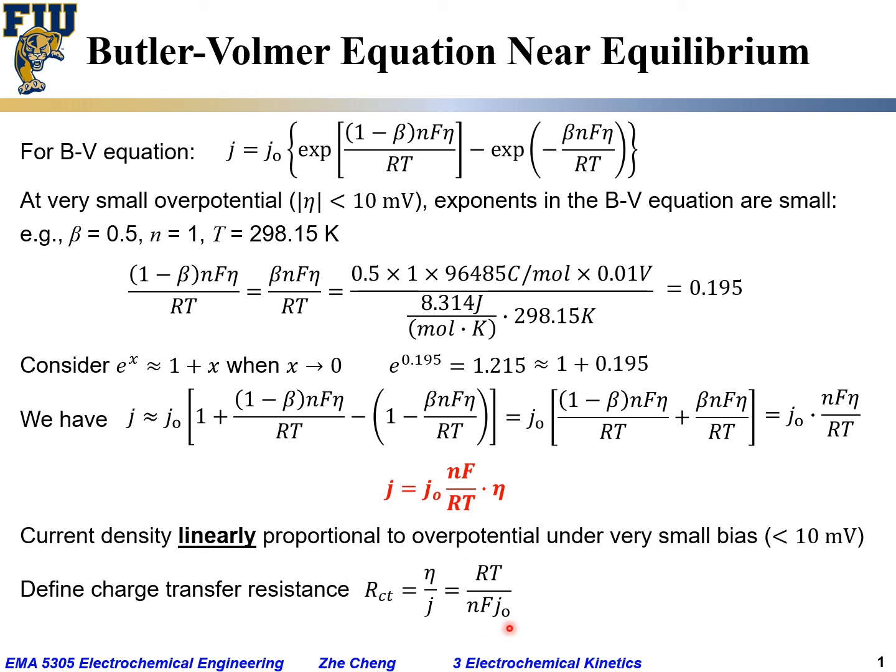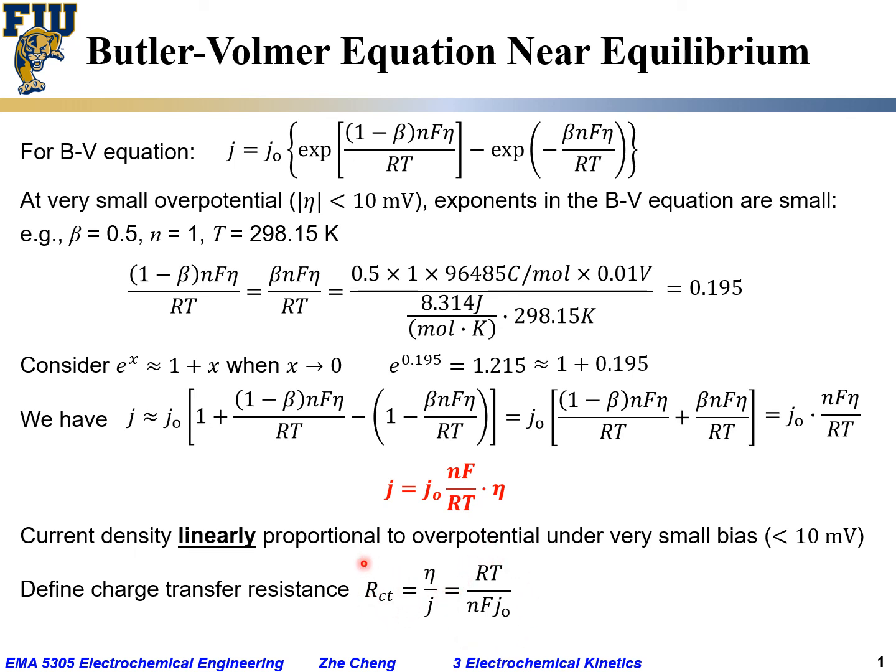So this gives us the so-called charge transfer resistance. You get that number through the polarization curve of overpotential versus current density when you are very close to equilibrium, when your overpotential is smaller than 10 millivolts and you get a linear relationship.